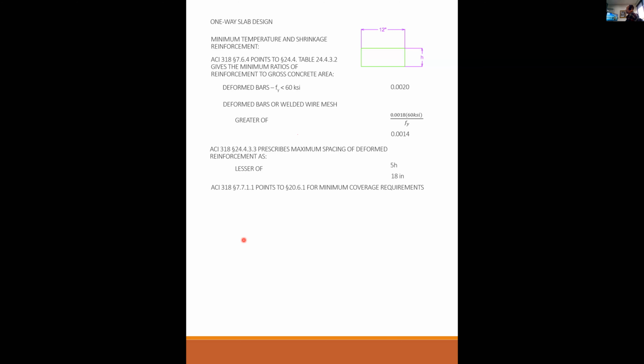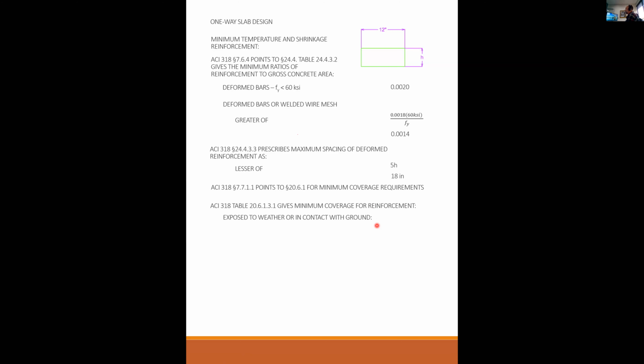ACI 318-71 points to section 20.6.1 for your minimum coverage requirements. ACI table 20.6.1.3.1 gives the minimum coverage for reinforcement. Now this is for corrosion protection. ACI does not give us values for fire protection because that comes from a different source.